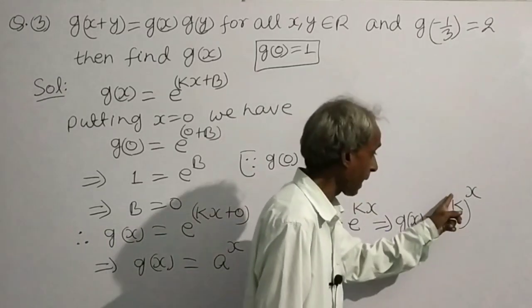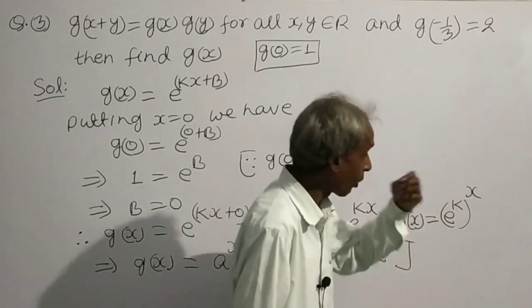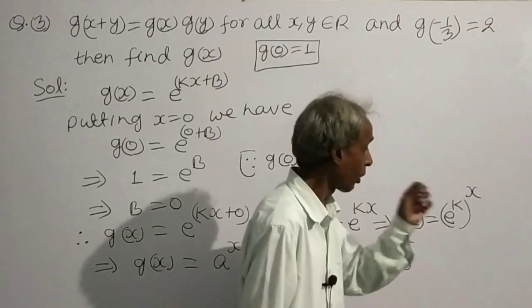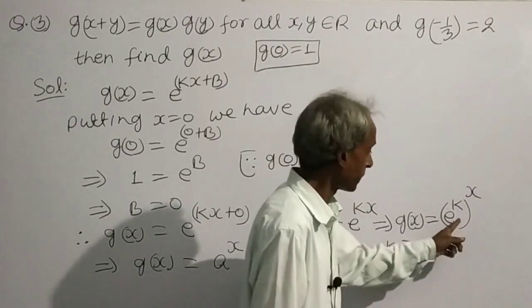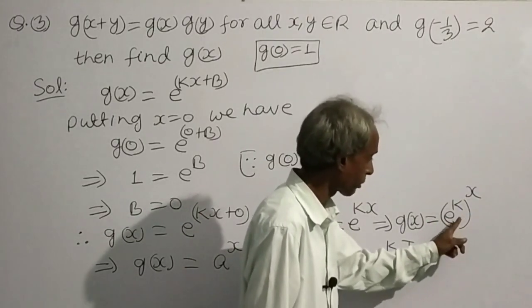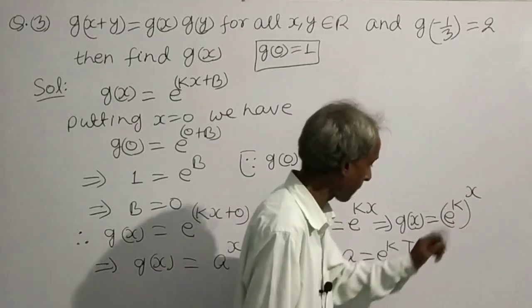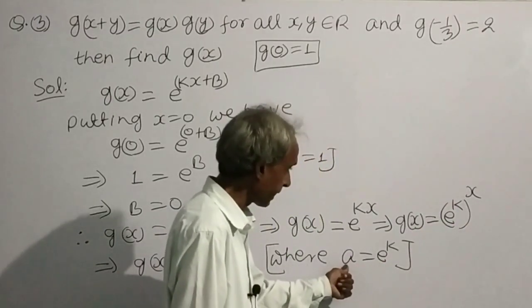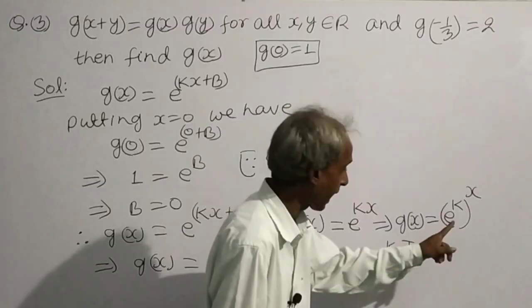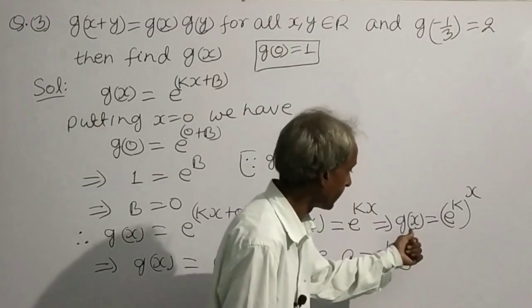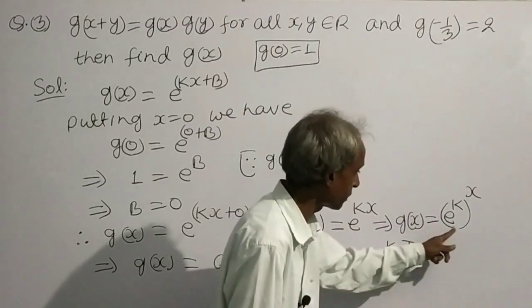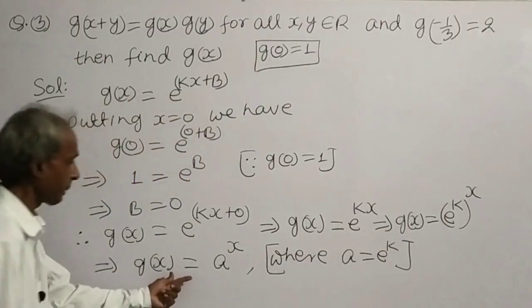Therefore, e to the power k will also be a constant number. We suppose this constant number e to the power k as a, and we write a here, then we get g(x) is equal to a to the power x.